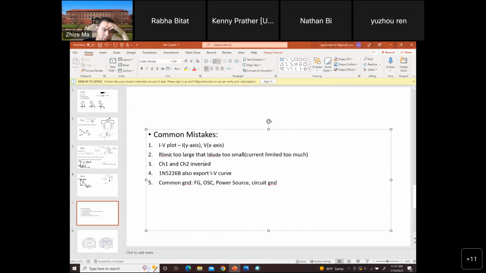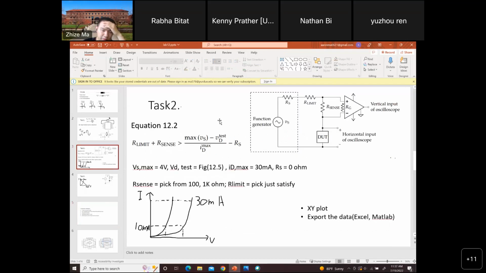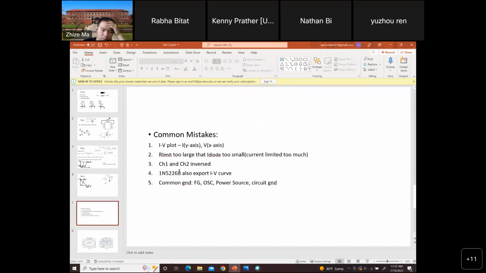And if your plot for the second task looks weird, for example, the plot is supposed to look like this, but if your plot looks like this or something else, try to invert your channel 1, channel 2 to see if it gets fixed.